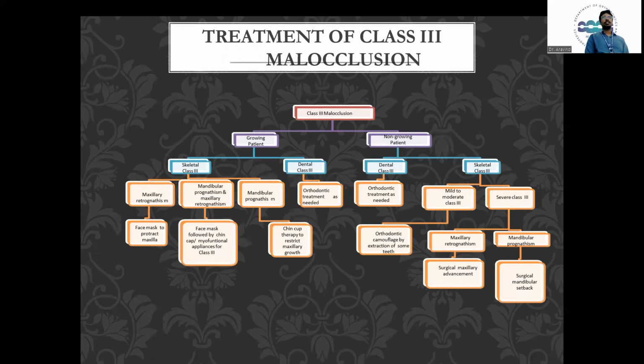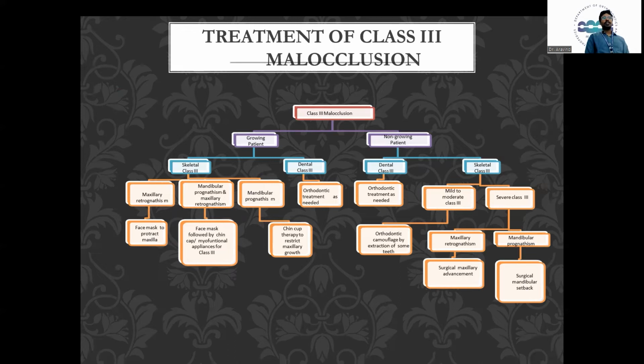This is the flow chart regarding the treatment of class 3 malocclusion. We have class 3 malocclusion in a growing patient and a non-growing patient. In a growing patient, they will usually have a skeletal class 3 or a dental class 3. For a skeletal class 3 in a growing patient, they'll usually be found to have maxillary retrognathism and mandibular prognathism, or maxillary retrognathism or mandibular prognathism alone.